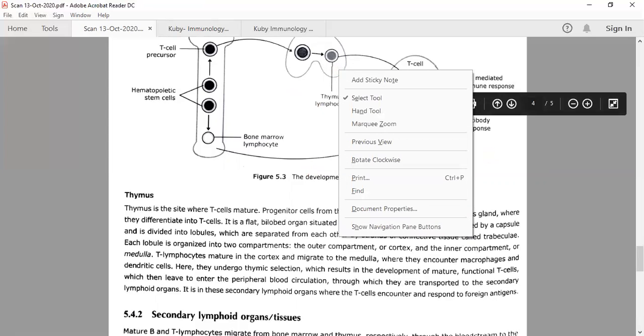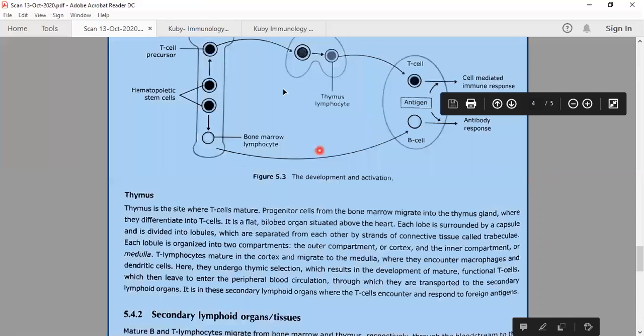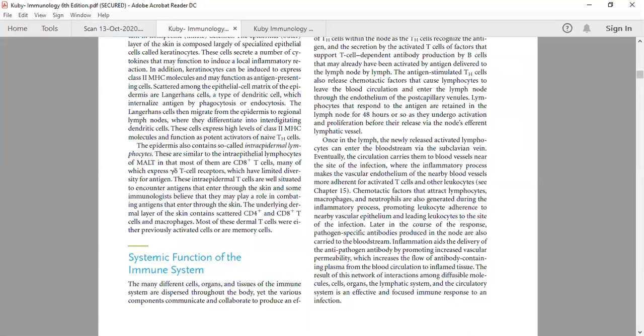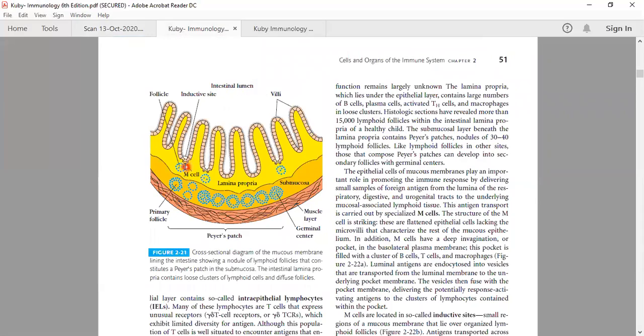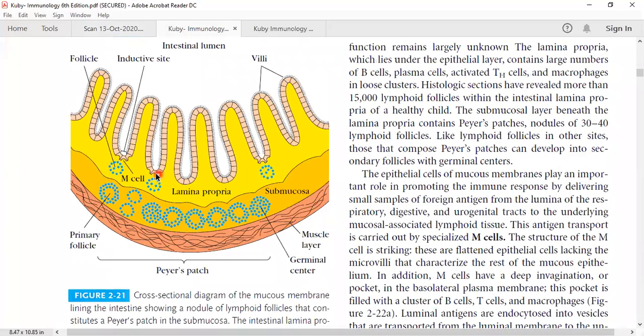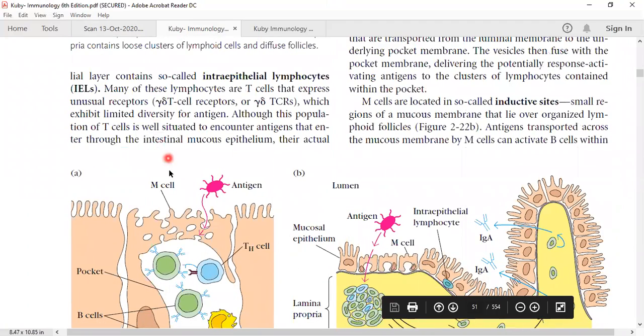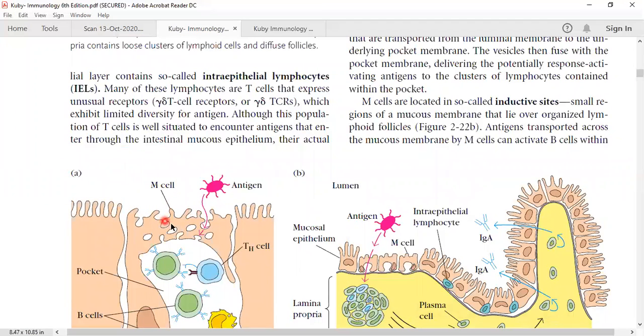And we have seen how these M cells are helping in transport of antigens, right? So these M cells are very specialized cells. Now, if you see the differences, these M cells do not have these microvilli. They are very rudimentary or almost absent from the M cell.